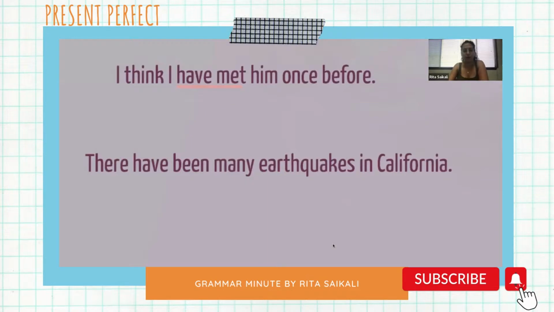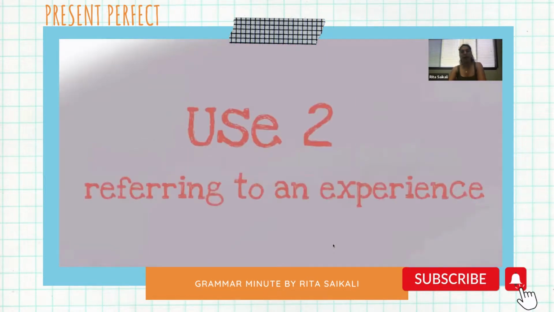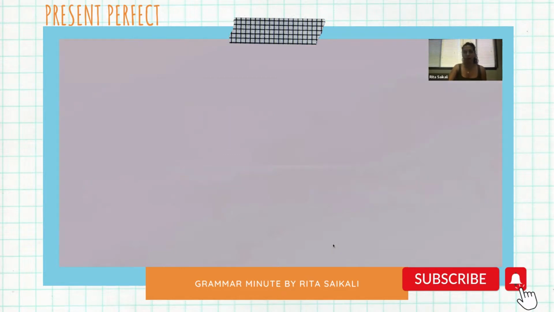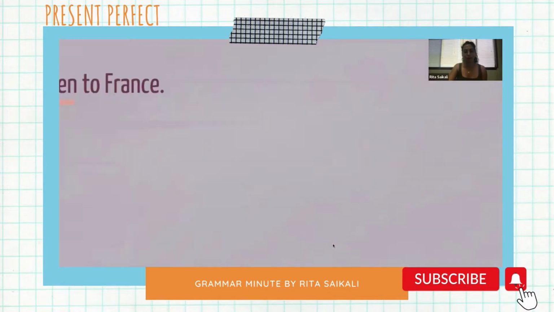Have been, right? Okay. People have traveled to the moon. Have traveled. Okay, again, we use it when referring to an experience. I have been to France. Have been, right? So when we're talking about an experience, that's when we use present perfect.